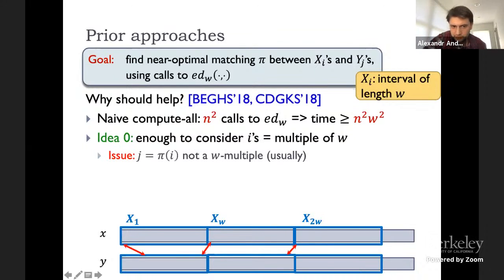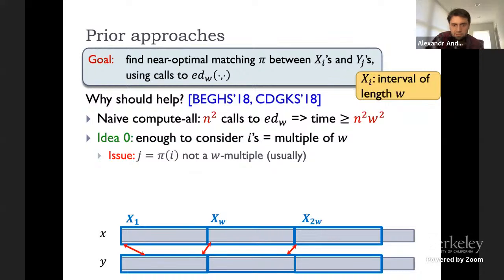But here's one issue: if we find the optimal alignment between these substrings X1, and so on, which start at multiples of W, and try to match them here, then it's not enough precision. Our optimal alignment might match this X1 to somewhere in the middle of this substring, and this XW to somewhere a little bit to the left, and so forth.